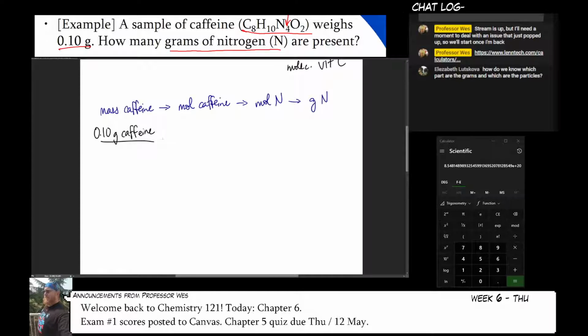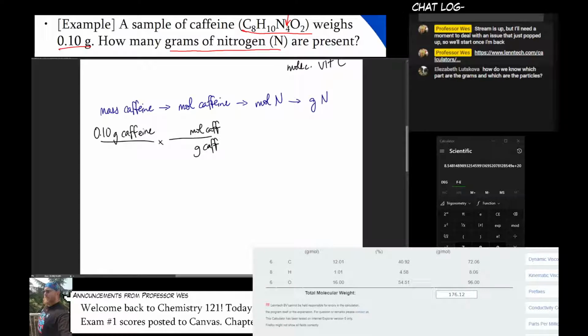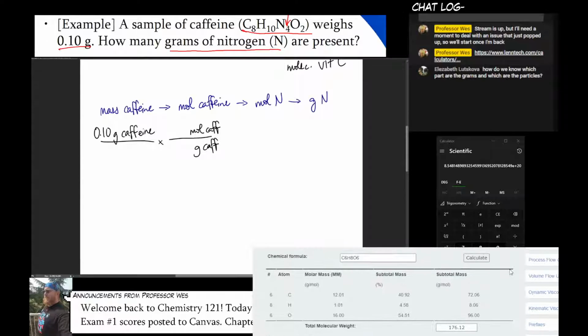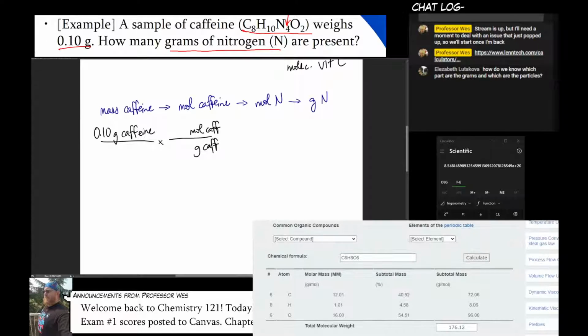So if I take caffeine, I can do grams of it into moles. How many grams of caffeine are in a mole? Well, if we go over to Lenntech, and we type it into our screen here, let's just make this a little bigger.